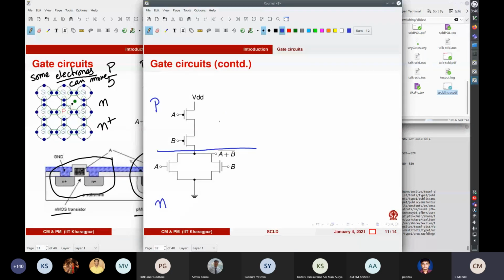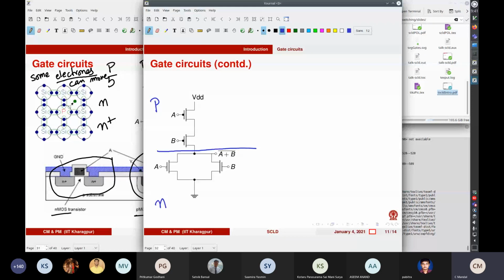So here you have got two transistors in parallel. One is connected to A and the other is connected to B. And you can see that its working is a bit like the inverter.